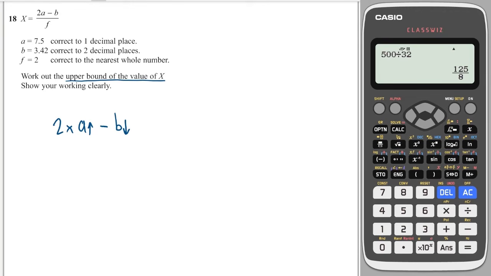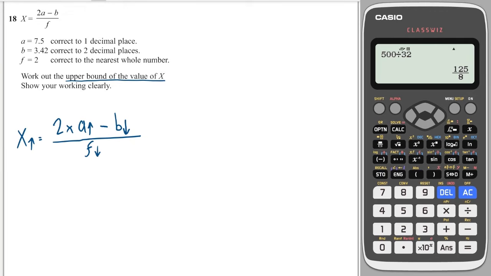I want to take away as little as possible. And then I'm going to divide by f, and I want f to be as small as possible, because when I divide by a smaller number, I get a bigger overall total. And this is going to give me my upper bound for x.